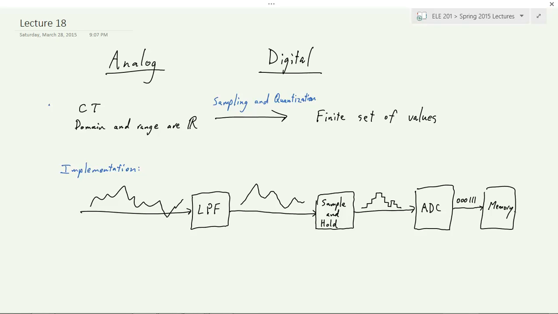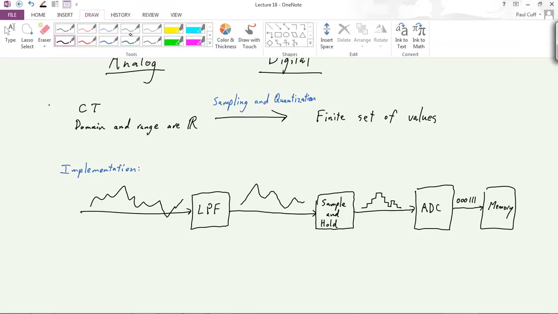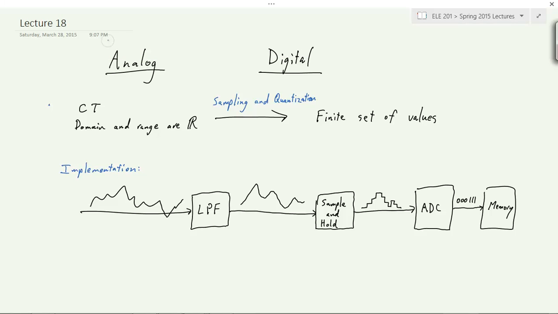In that case, you might call it a buffer. So you could call this a buffer if you're doing some real-time thing where you're not just storing it indefinitely. But it's still memory. You're going to hold on to some history so you can do some processing.